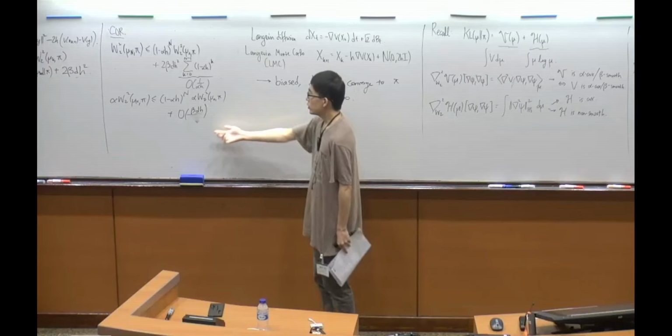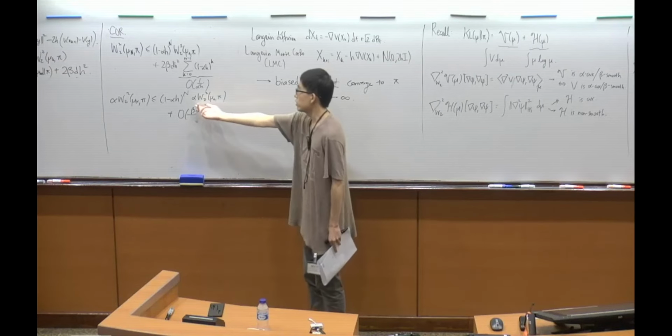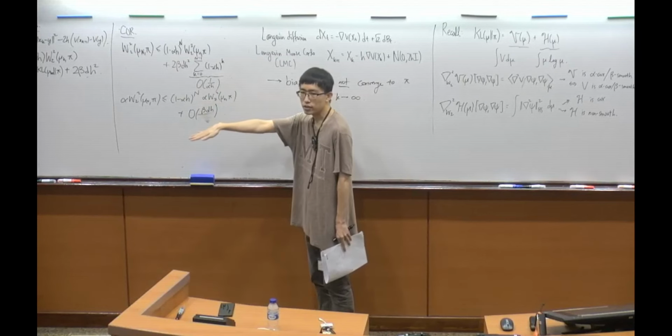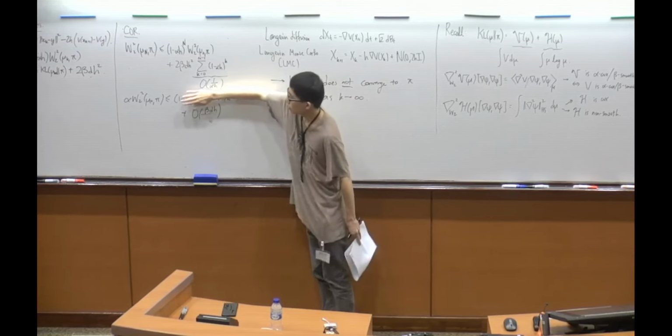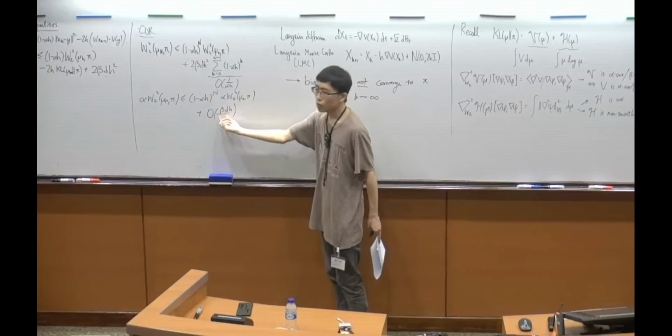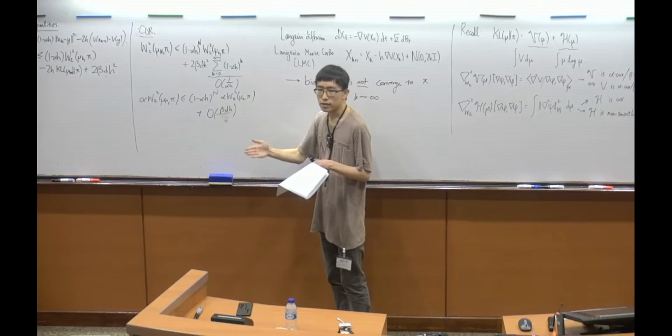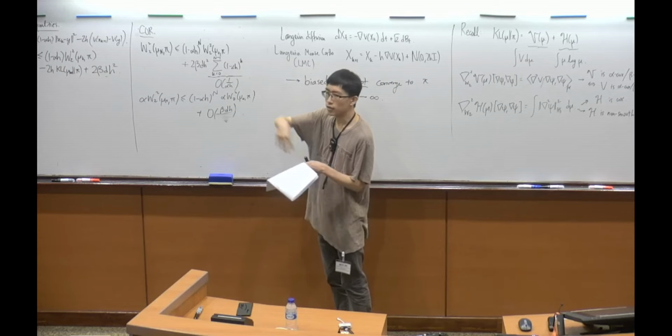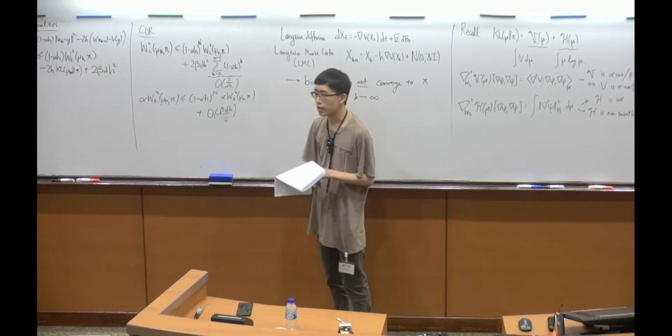Okay, so the interpretation of this inequality is that this first term is decaying exponentially fast. So imagine that I let n go to infinity. This first term will disappear, and this is an upper bound on the bias, like the Wasserstein distance between the stationary distribution of my Markov chain versus the distribution pi that I want it to be at.